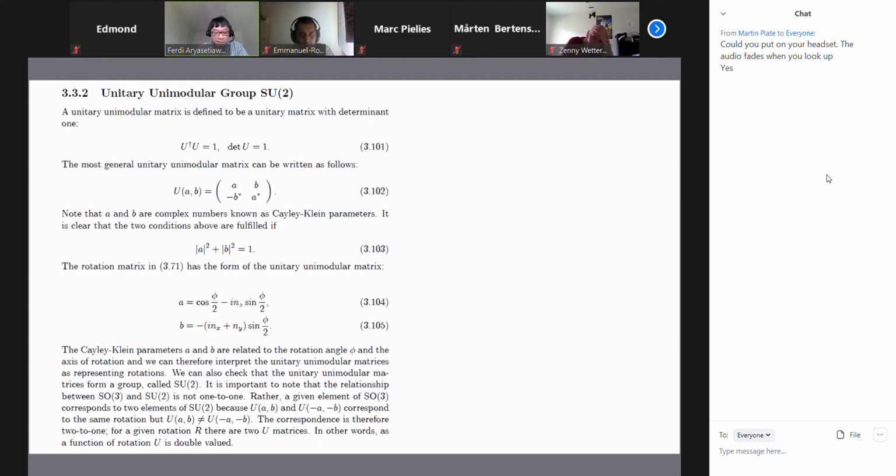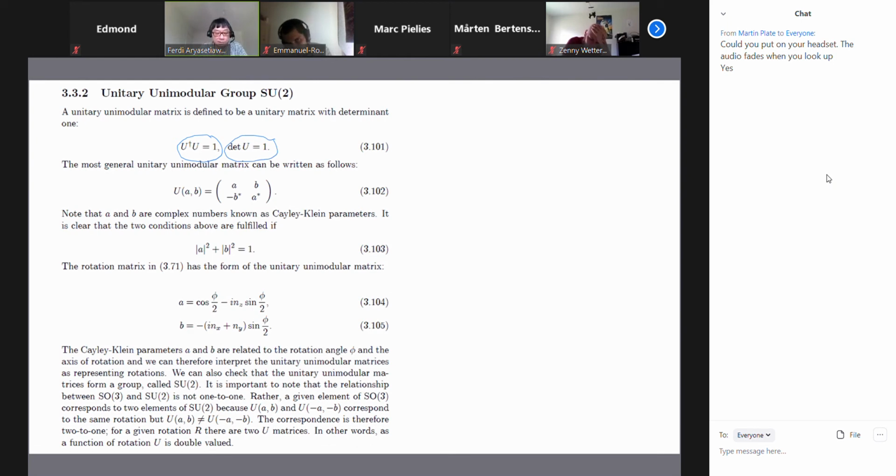S is for special unitary matrices of 2 dimensions. And it has the properties that it's unitary, so that U dagger U is equal to 1, and the determinant is equal to 1. These are the basic properties of these SU2 matrices.